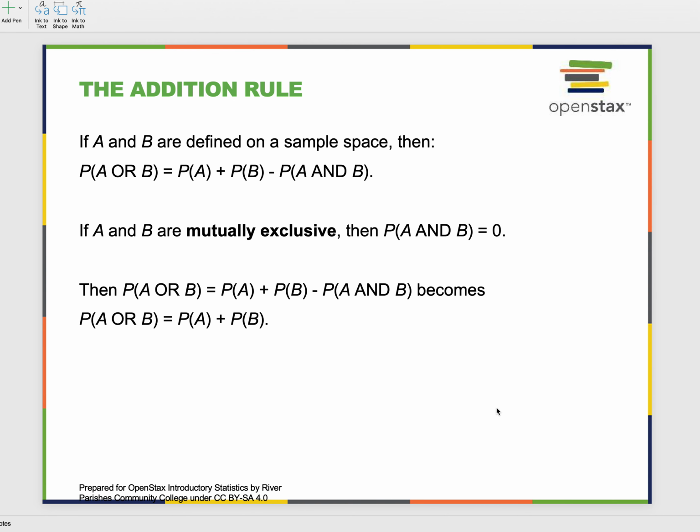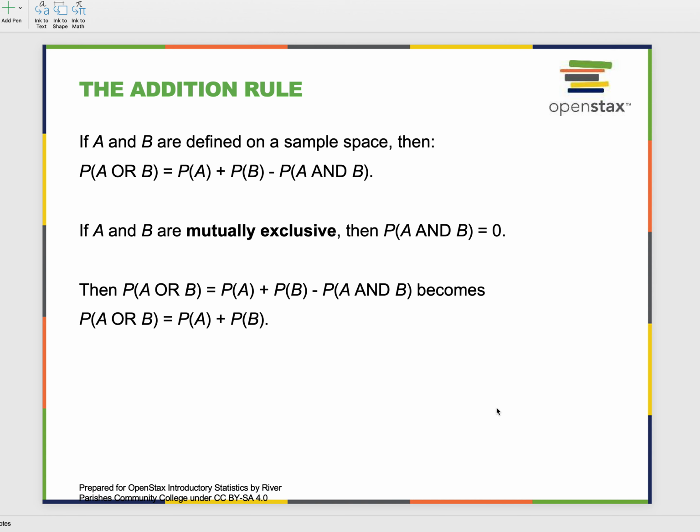The addition rule, when it gets to OR: if A and B are defined on the sample space, then the probability of A or B becomes the probability of A plus the probability of B minus the probability of A and B occurring at the same time. If A and B are mutually exclusive, then the probability of A and B is 0.